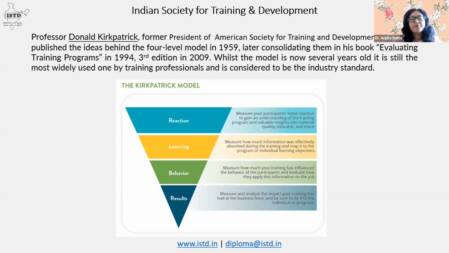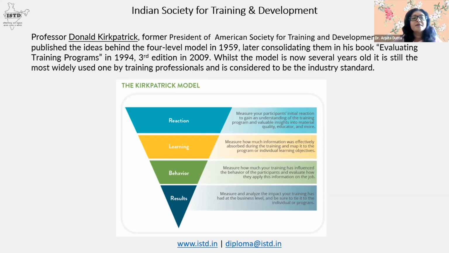In 1994, he was the former president of ATD as well. So initially it was ASTD. The name got changed to ATD, I think around 2-3 years back. The 3rd edition of that book was also released in 2009. Now it's a very popular, widely accepted, widely followed model, and it's become an industry standard as well.